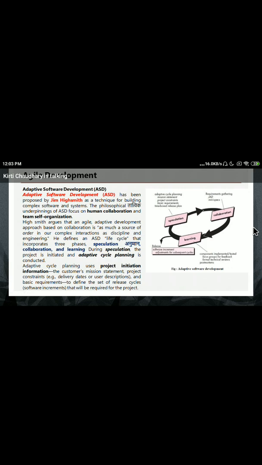So you have to specify the requirements properly at the beginning. Next one is the adaptive development model. Some little bit of changes are there in each. So we will see the adaptive development model. It has speculation, collaboration, learning. These things will be there in that. Now, the adaptive cycle.